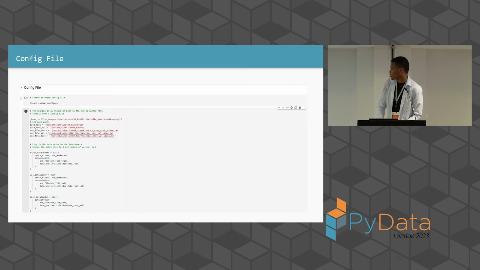If we go towards the train data loader, you can see here that's been modified already. In the original config file, the dataset type makes use of the kinetics 400 dataset, which is not what we are using. We are changing the dataset type, which is what we are setting at this point here, for the ANN file and data prefix. And we do that for all the data loaders. So let's just move that in.